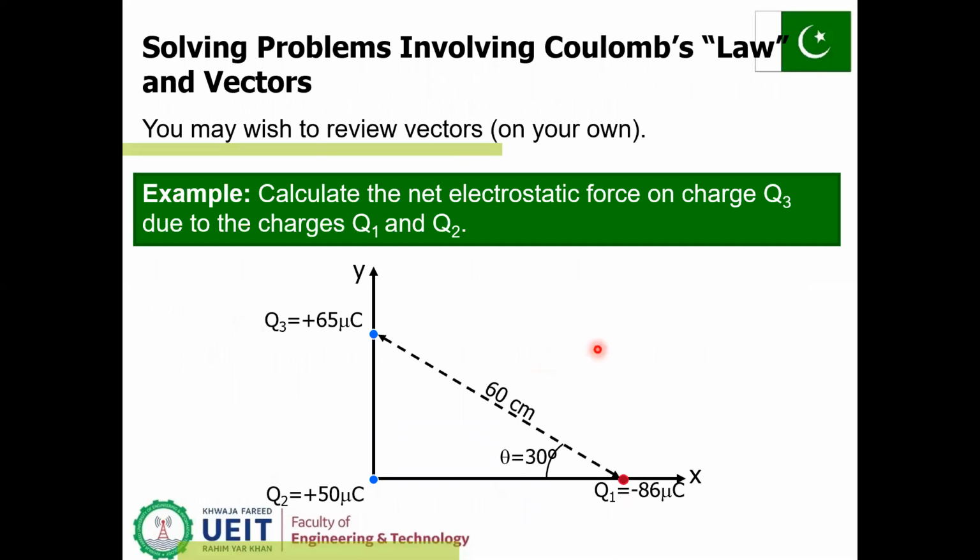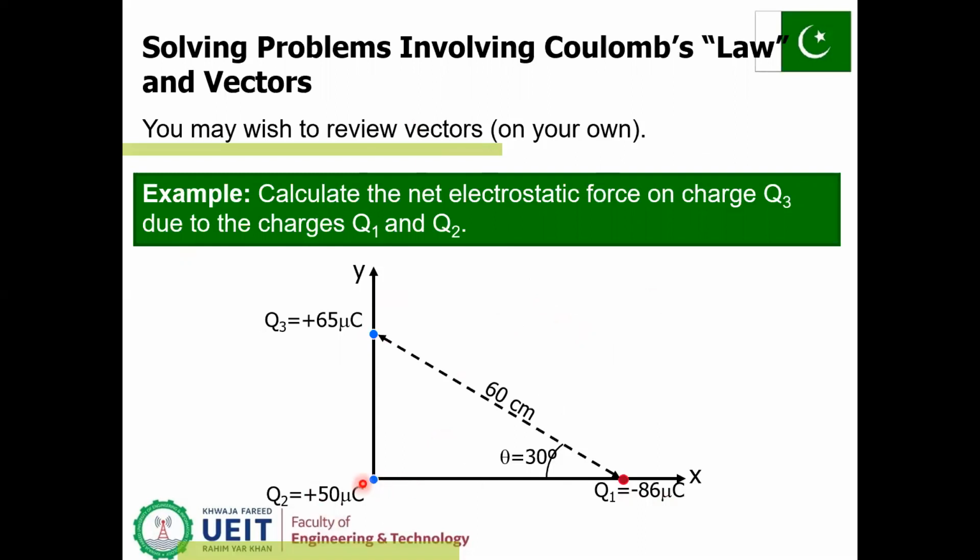We can solve problems involving Coulomb's law in vectorial form. You may wish to review vectors. Calculate the net electrostatic force on charge Q3 due to charges Q1 and Q2. See this figure: Q3 is here, Q1 is here, and Q2 is at the center.